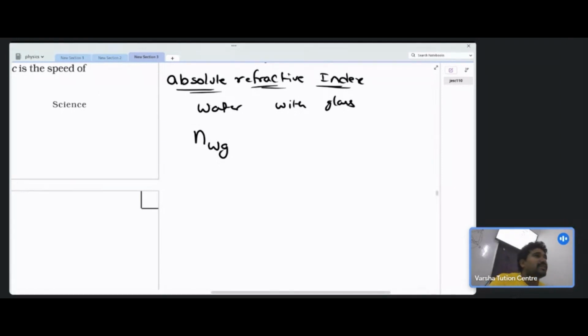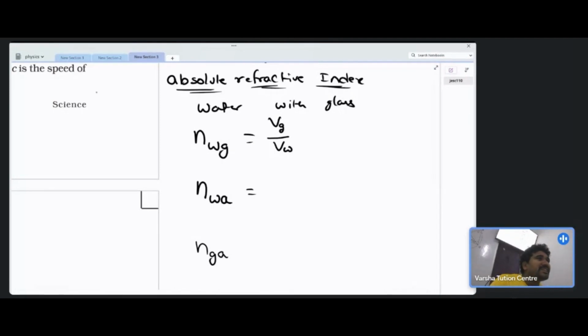It's not like that. What we have to do? N water with respect to air, N glass with respect to air. When it is NWG, you said the formula is speed of light in glass divided by speed of light in water. Then what should it be?